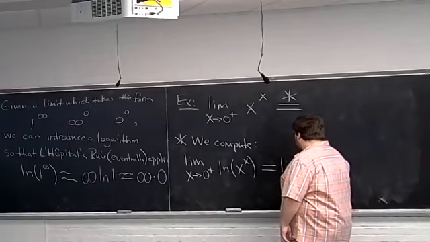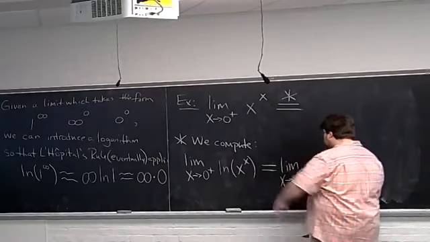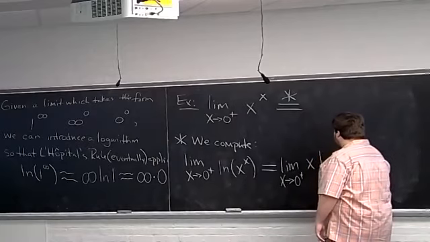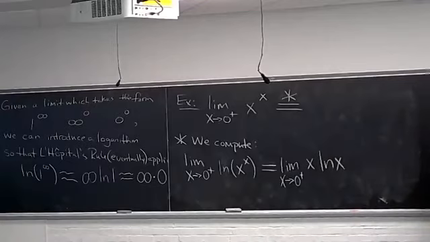What does this equal? Well, use logarithm properties. Bring that x out front. You get x times the logarithm of x. And now, what do we have? Well, we have actually the exact limit we had in the previous example.